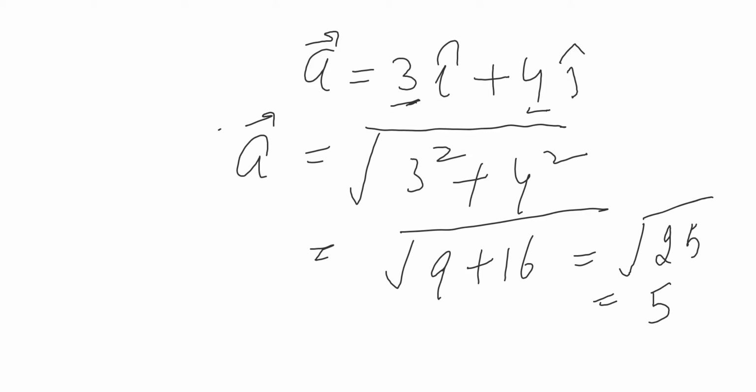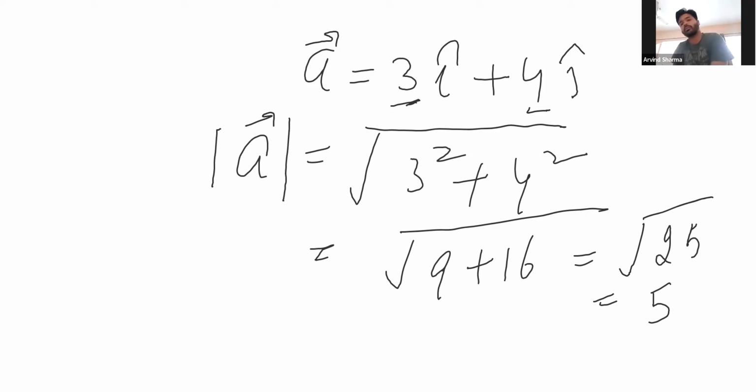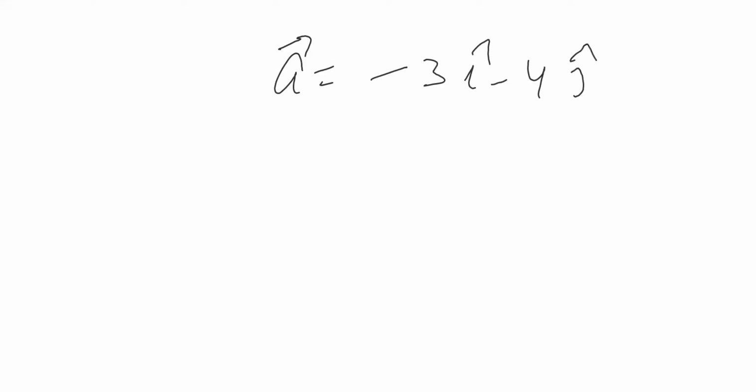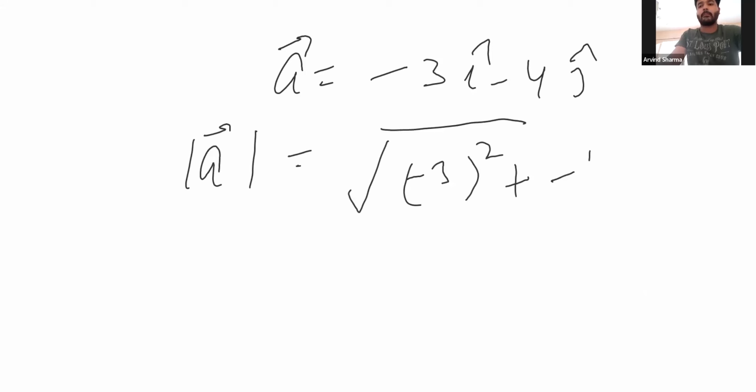So the magnitude is represented by the modulus. Now find out the magnitude of a vector given like this: minus 3i cap minus 4j cap. We're going to use the distance formula, so the magnitude of vector A is the square root of (minus 3) square plus (minus 4) square.